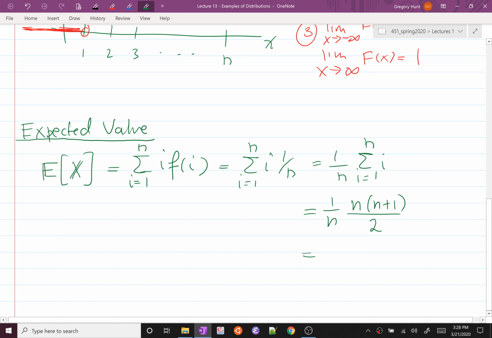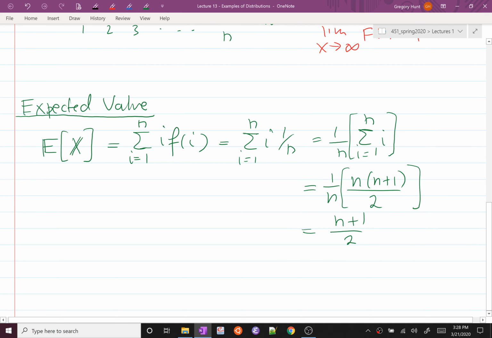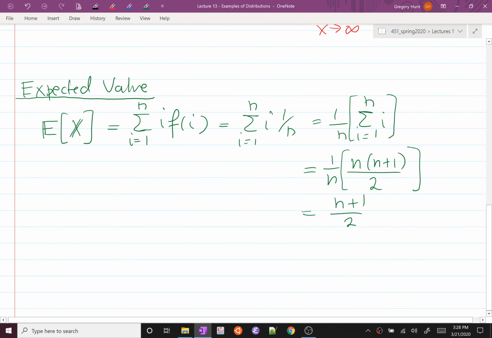Our n's cancel, and we're just left with n plus 1 over 2. This step, where we get n times n plus 1 over 2, is just because we know a formula for simplifying the sum of the numbers 1 to n. And you can Google around and find cute little proofs of that. Not too bad. So expected value is n plus 1 over 2.